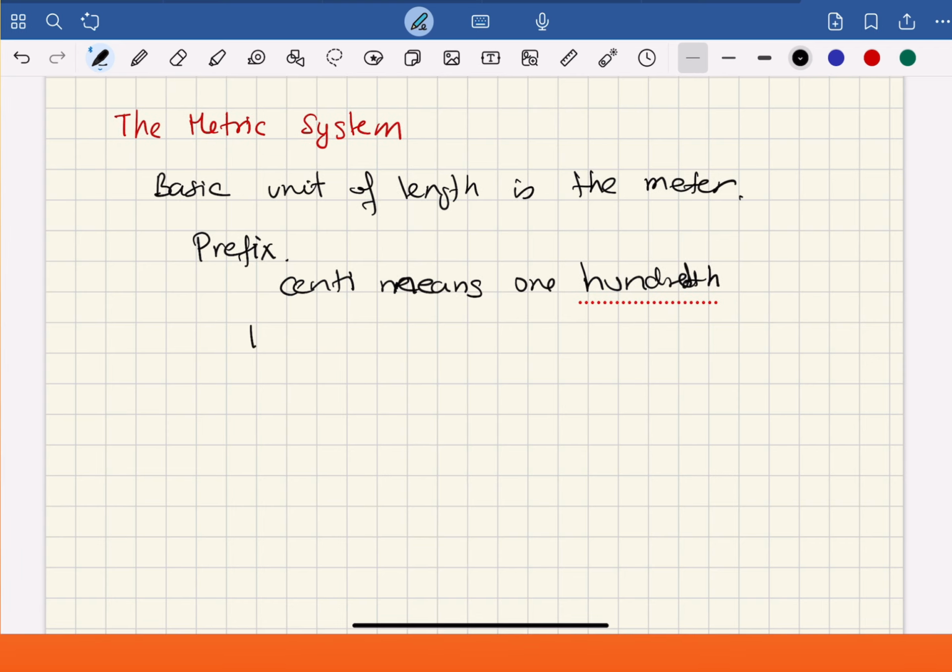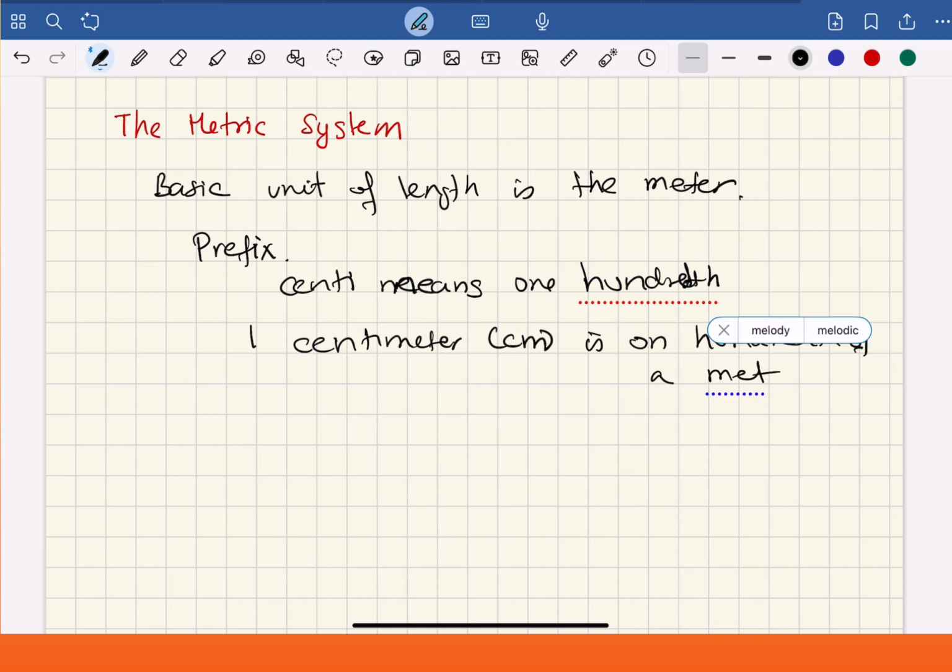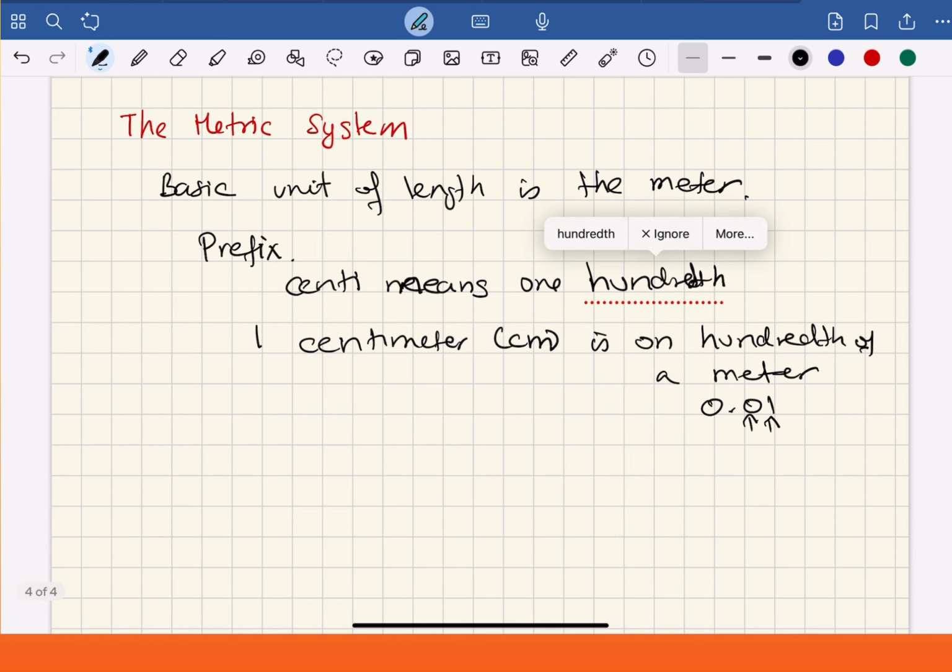So 1 centimeter, abbreviated cm, is 1/100th of a meter. So you would write it as 0.01 because this is in the 10th place, this is in the 100th place. So it would be 1/100th of a meter.